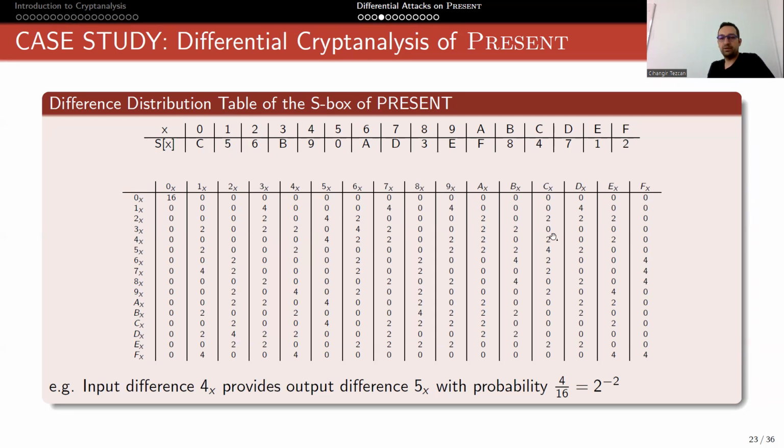Yeah, here you see, you observe C too many times. So this is how you statistically find what happens when you give an input difference. When the cryptanalyst looks at it, they try to look at the largest values in this table, and they are going to exploit those, because this means that the probability is higher. Okay.